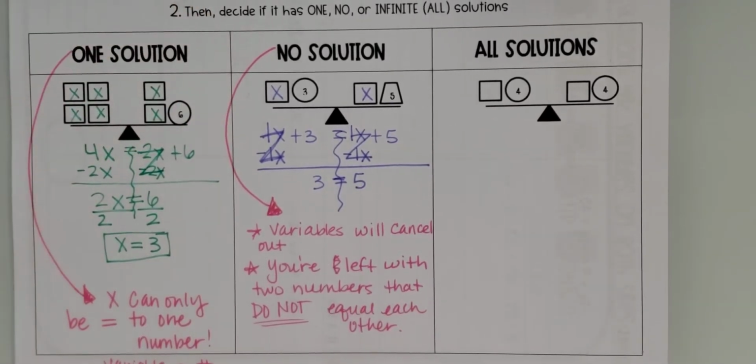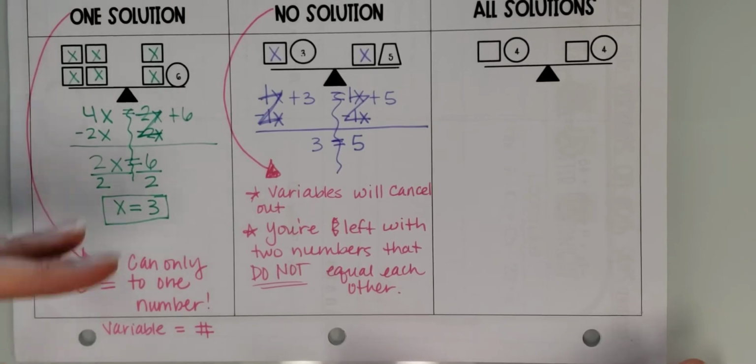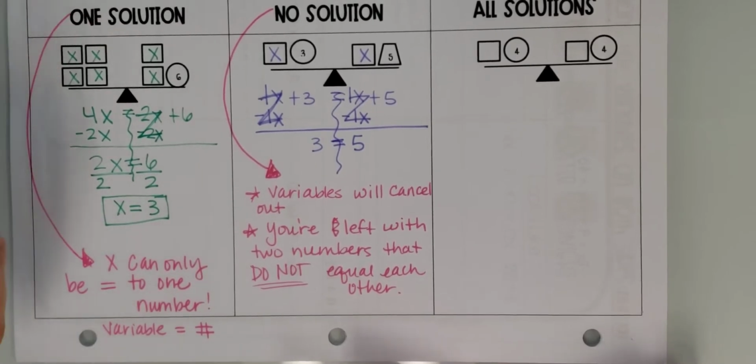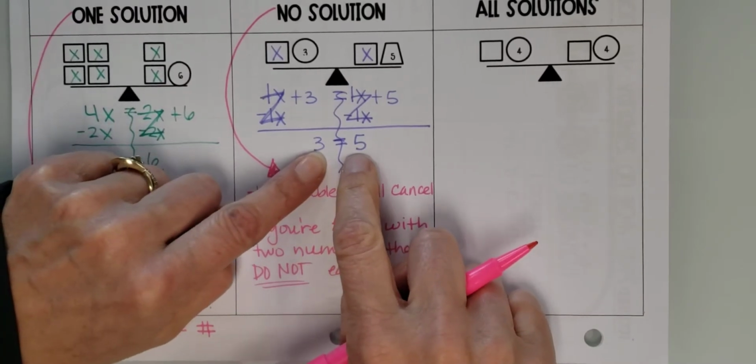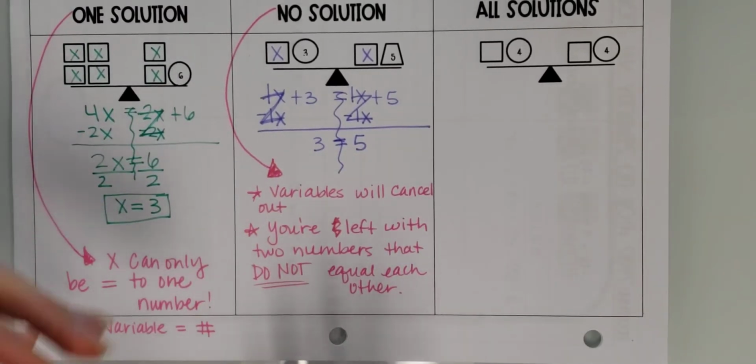So the first thing that happens is the variables cancel out. And then the next thing is that you're left with two numbers, in this case a 3 and a 5, that don't actually equal each other.